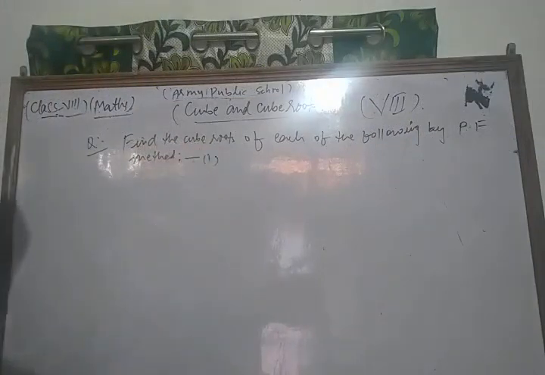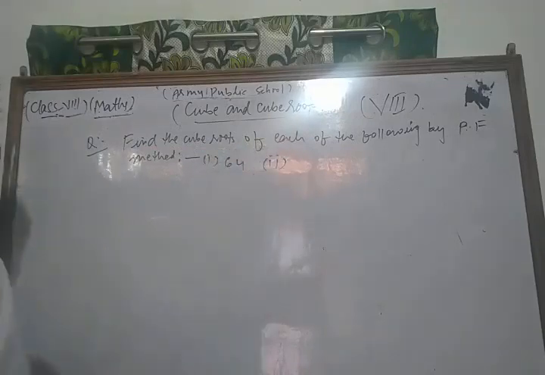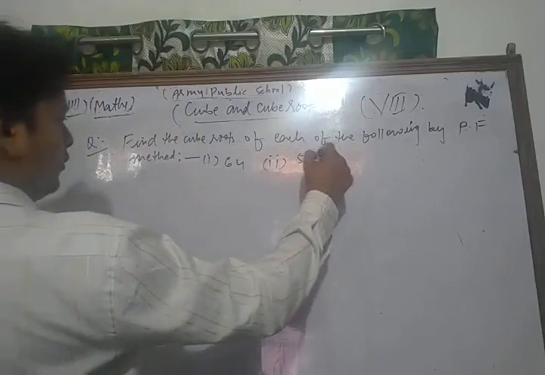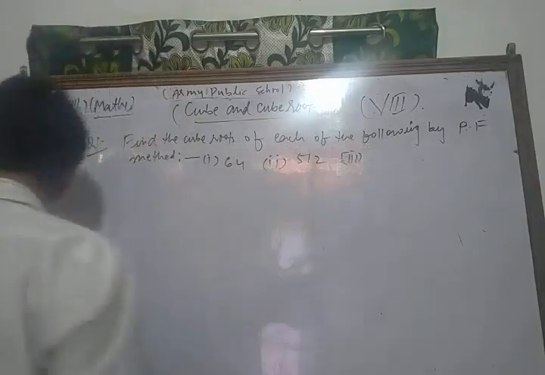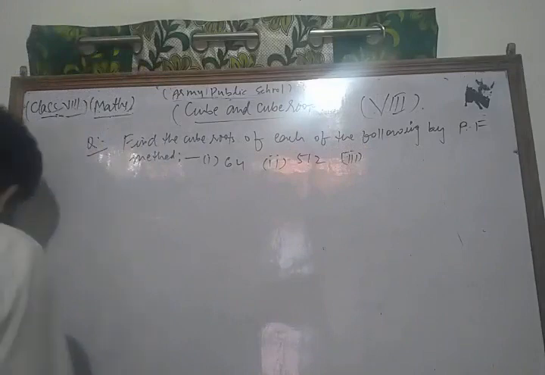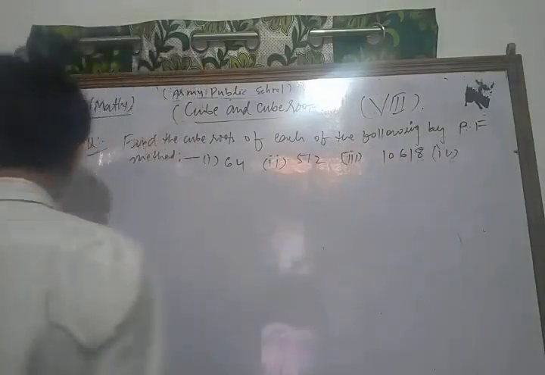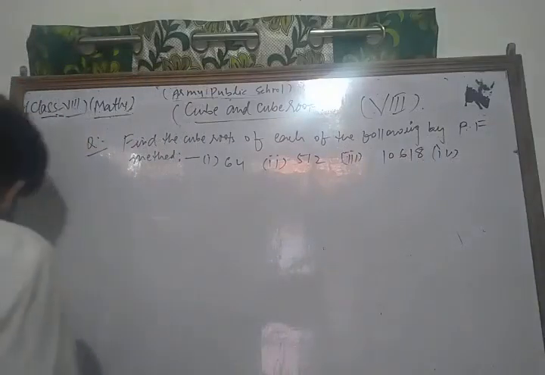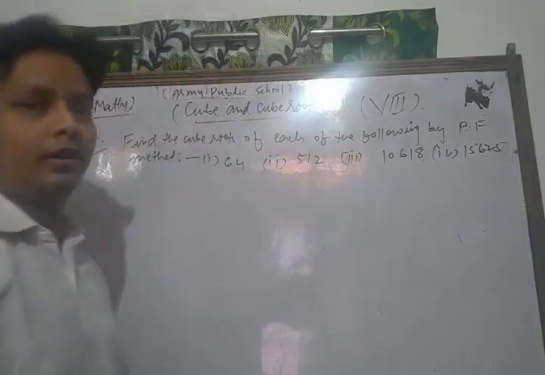And the first part of this question is 64. Second is 512. Third is 10648, and we take 15625. 15625. Now let's see its solution.